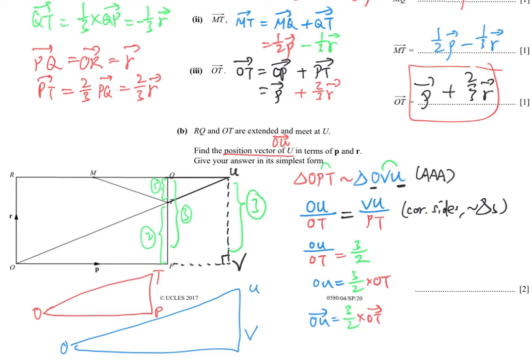So you will get 3 over 2 times the bracket of P plus 2 over 3 R. Alright, you just expand the bracket, so the final answer is 3 over 2 P plus 1 R.